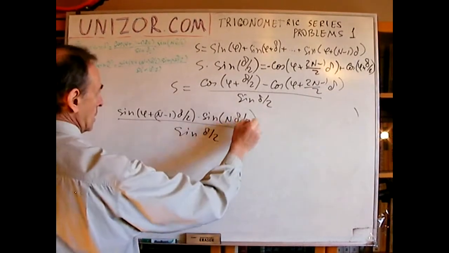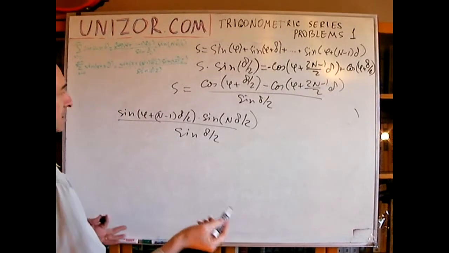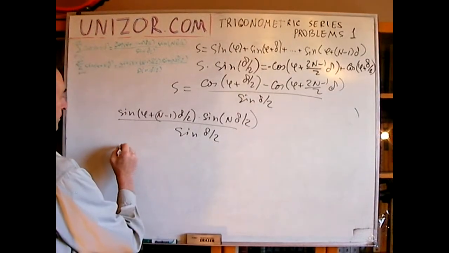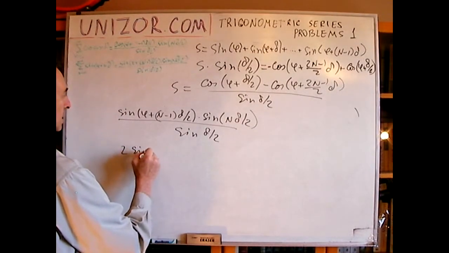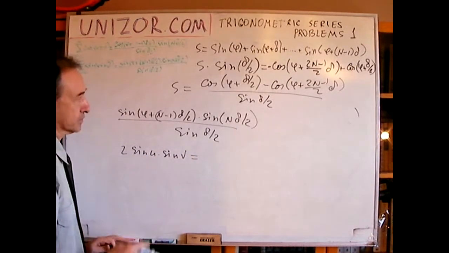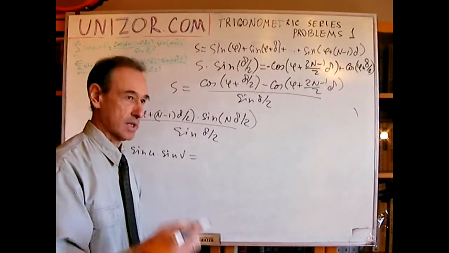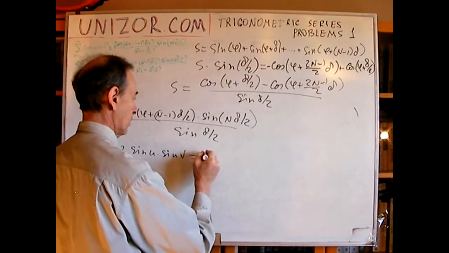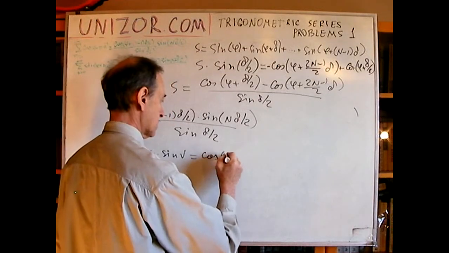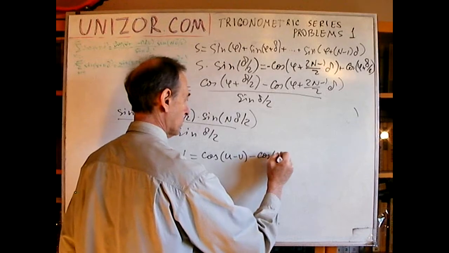Well, again, it's probably very easy to prove using exactly the same formulas as before. So 2 sine u times sine v is equal to what? How can I get sine by sine? I have to have cosine of difference and minus cosine of sum.